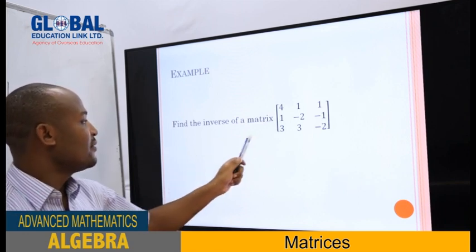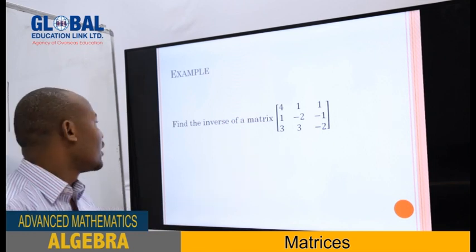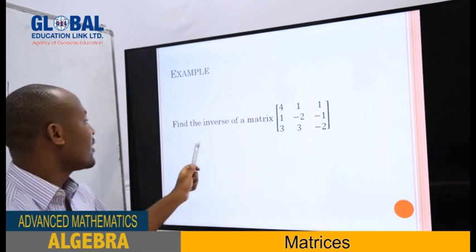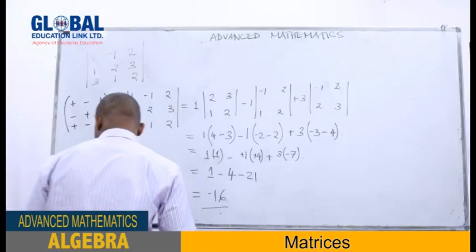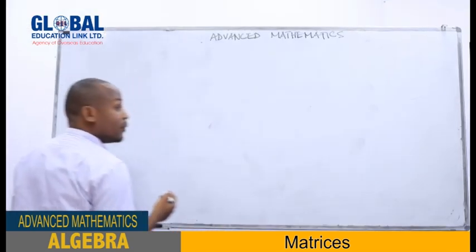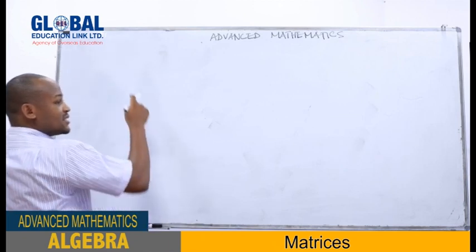Now, my dear student, let's solve one example that requires us to find the inverse of a matrix, and we are given a matrix there. The matrix given is this.